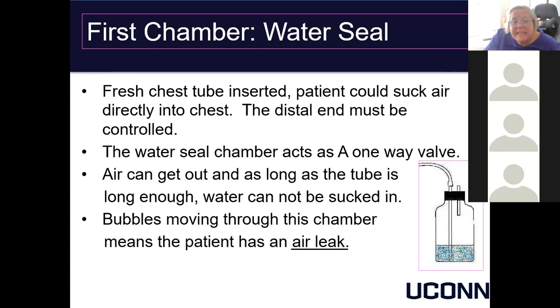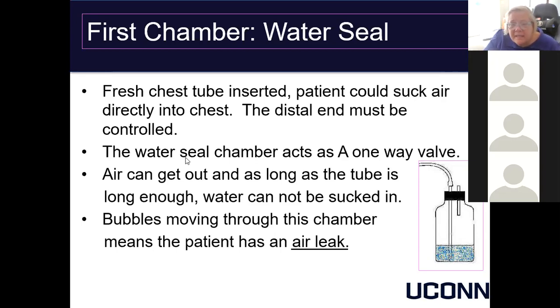And when you see bubbles in that chamber, it means air is being sucked out and there is, quote unquote, an air leak. And again, in most cases, that's good because it means the air is being sucked out of the pleura through the water, creating the bubbles.